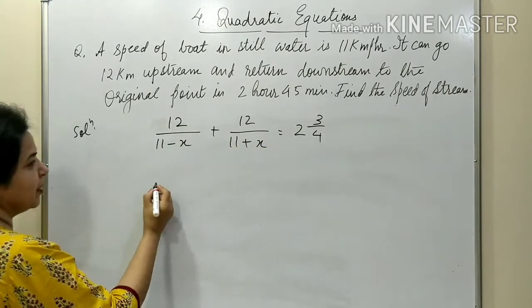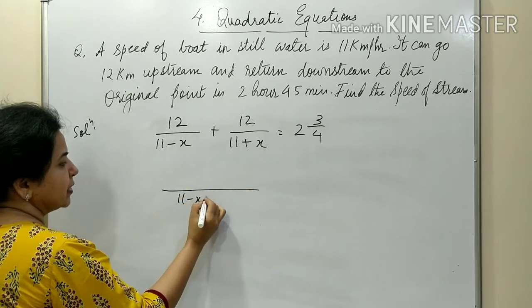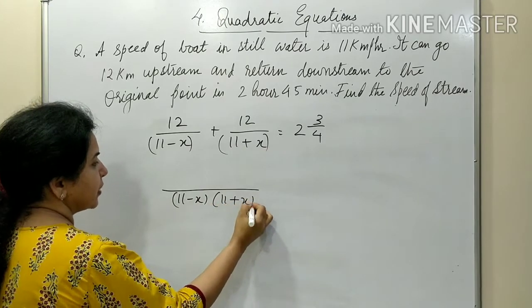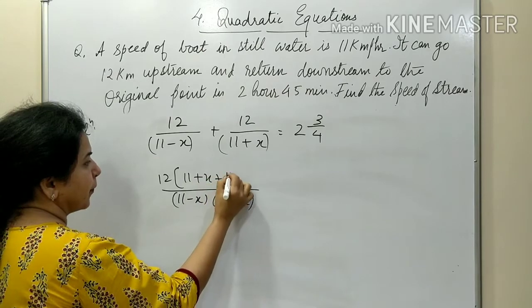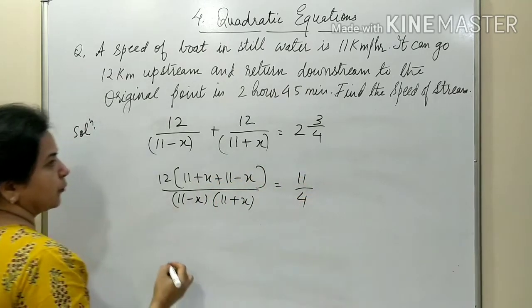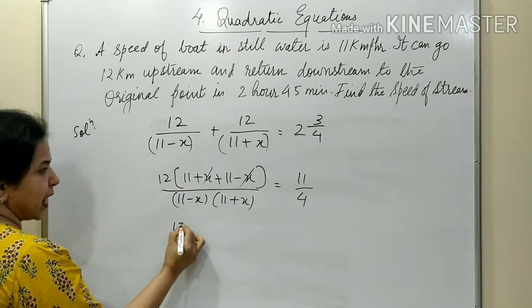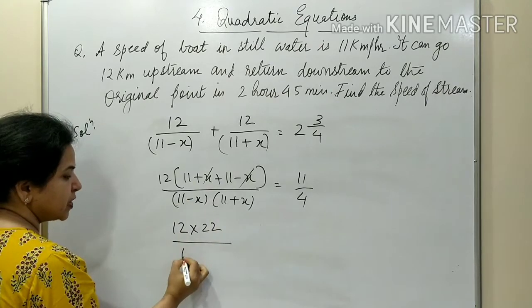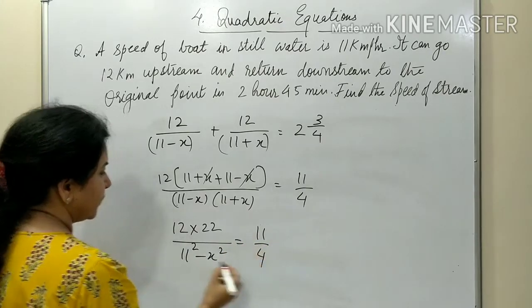Now we have to simplify this. Taking the LCM, the product of 11 minus x and 11 plus x, taking 12 common, we can write it like this. So this is 11 by 4. Now plus x minus x cancel. This is (a minus b)(a plus b), so a square minus b square using the identity.